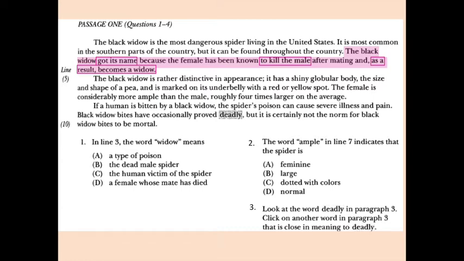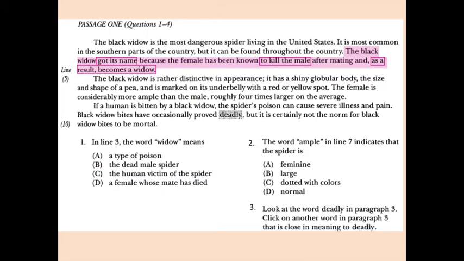So let's look at the answers. What does the word widow mean? A, a type of poison. No, the sentence does not say anything about poison. B, the dead male spider. No, it says that the female becomes the widow, so that is not the answer.